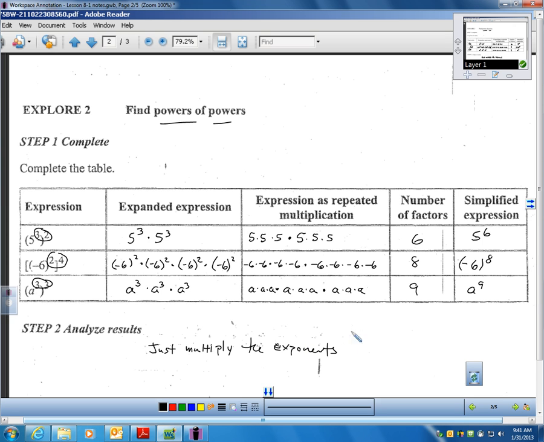Okay? If you have a power to a power, just multiply the exponents, and that will give you the simplified expression. That's what the blue box at the top of page 490 is basically telling you to do, okay? It just says to find a power of a power, multiply the exponents, all right?